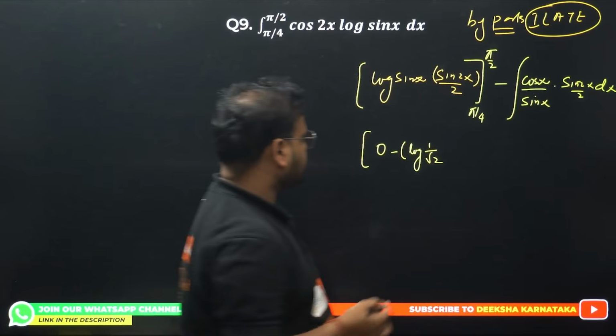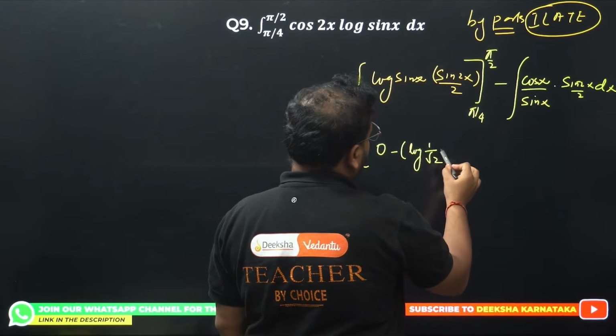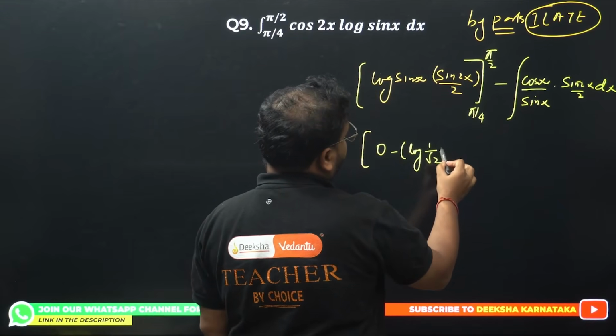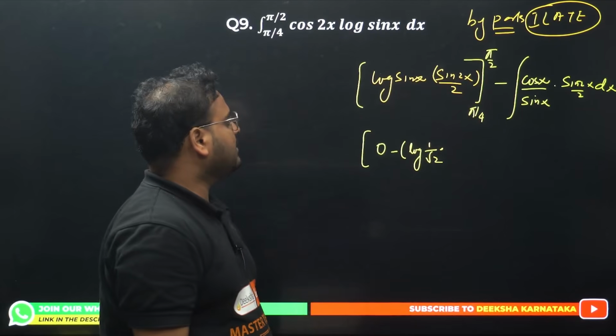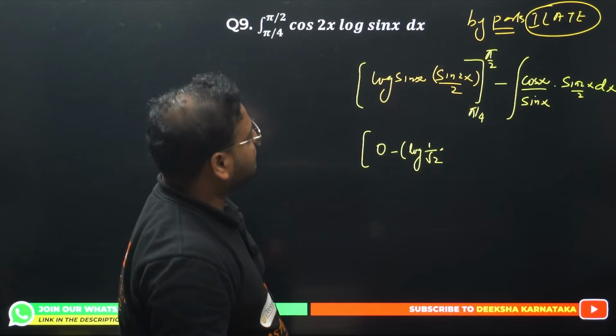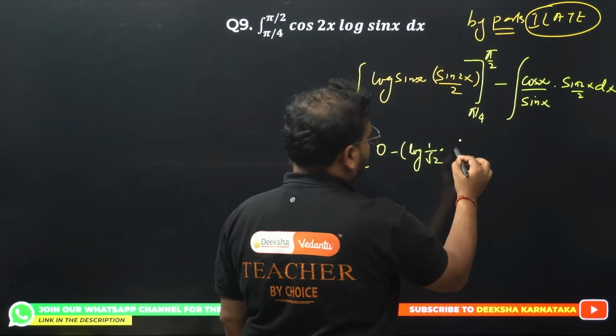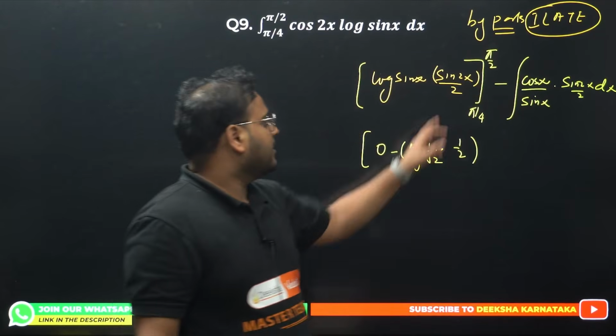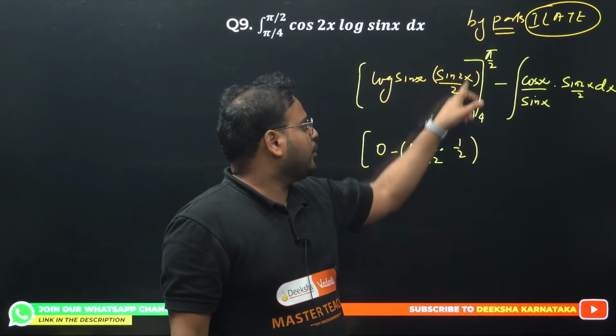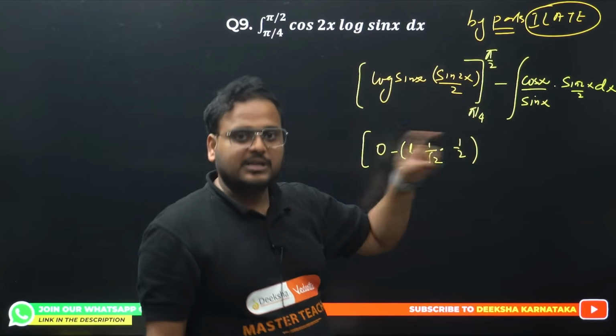Now over here you'll have sin 2x by 2. So sin 2 into pi by 4 will become sin pi by 2, which is 1.